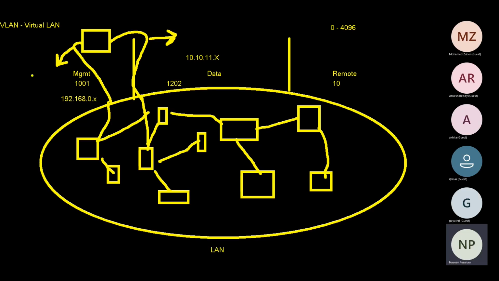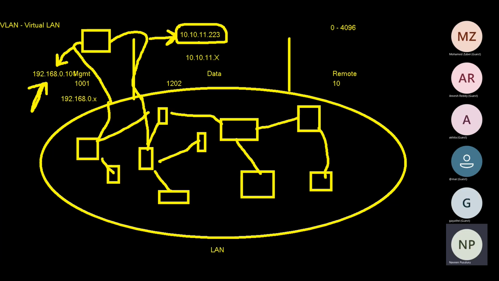Then while configuring the server, they'll assign IPs in this format, .101 for management, and for data, let's assume they have assigned 11.223. With the help of the management IP, we'll connect to the server and manage it. But the IP they have assigned for data, we'll use it while creating NFS exports and all.